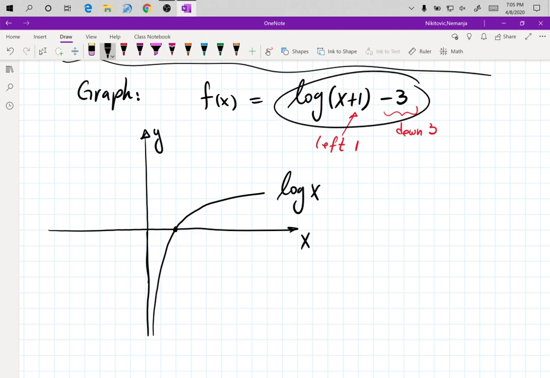To match this, because it's not ln, you can't have ln on the bottom. I mean, you can, but there's just a nasty calculation. So this over here is your anchor point, 1, 0. What are you supposed to do? You are supposed to move it 1 unit left, and, oh sorry, this is my 1, this is my 0. So 1 unit left and 3 units down.